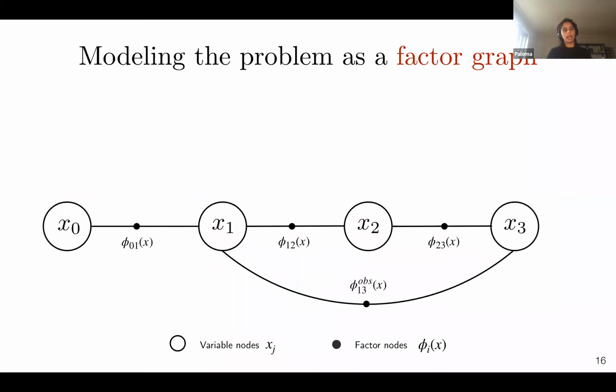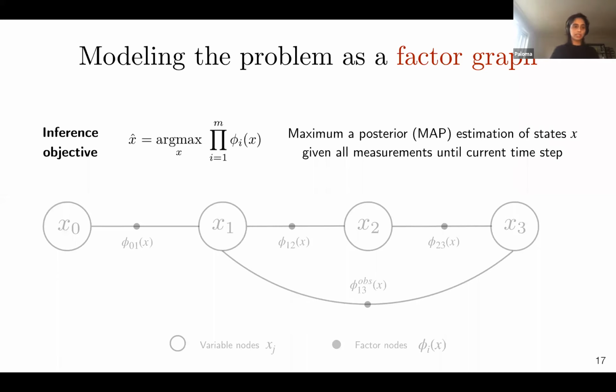So now we end up with this factor graph representation of the problem, where the x's here are the unknown latent states, and the phi's are the factors or the potential functions. Now, the objective is to determine the most likely states, x hat, that maximize the product of all these factor potentials.